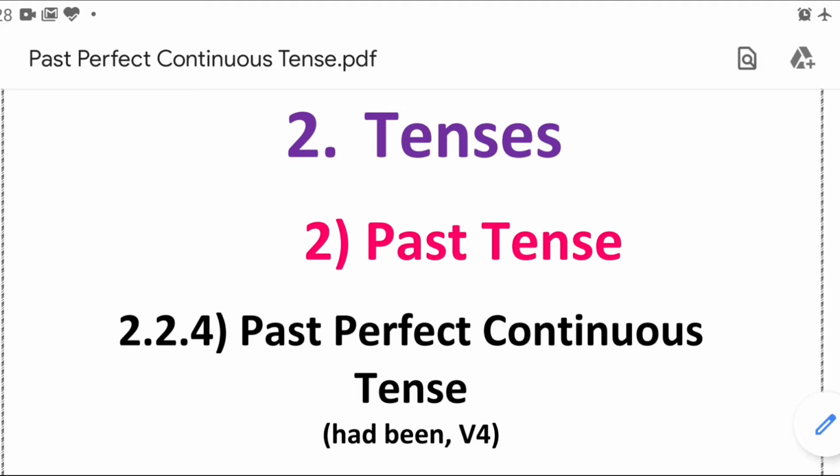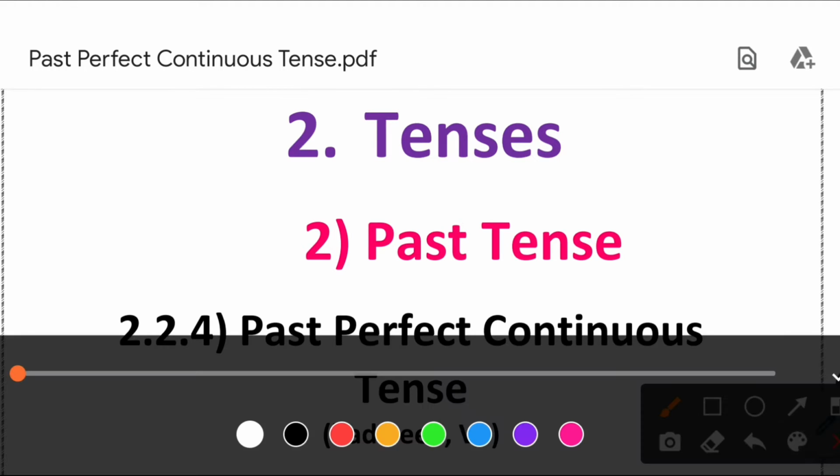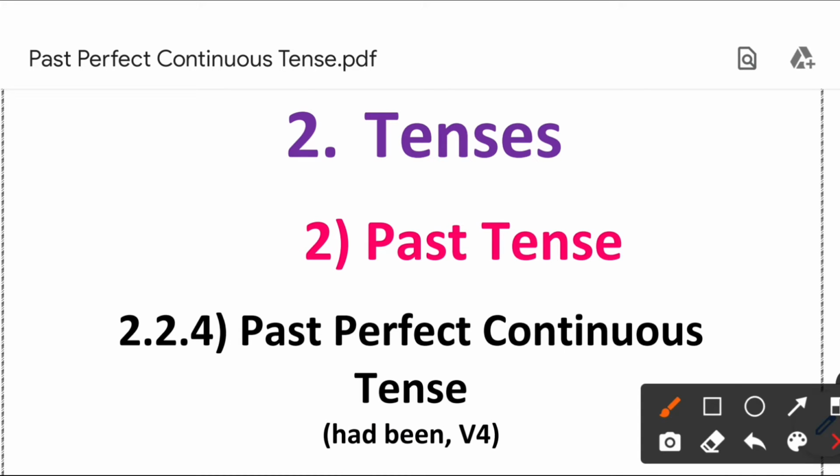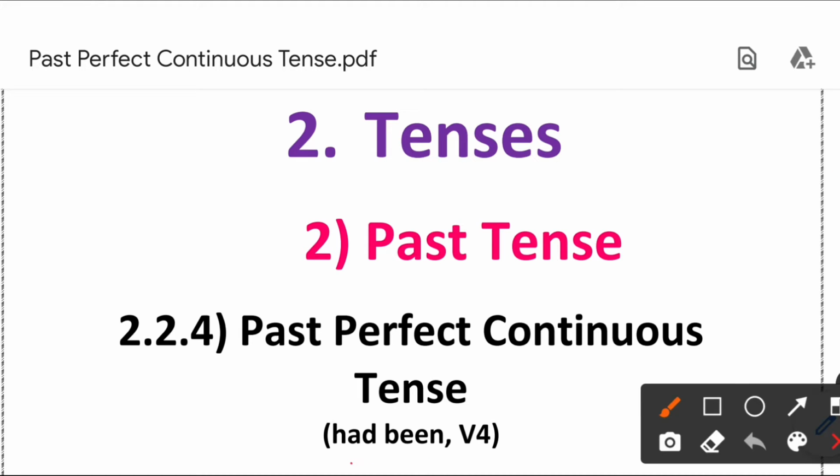Two things are very important to make the formula on our own: had been and V4. That means helping verb and verb form. Here the helping verb is had been in this tense.